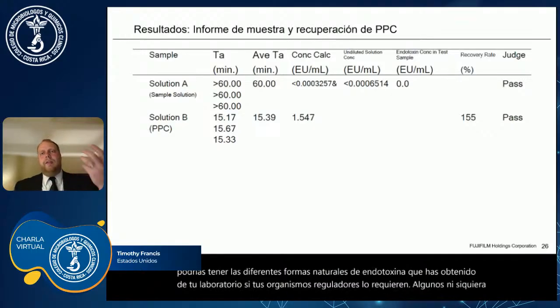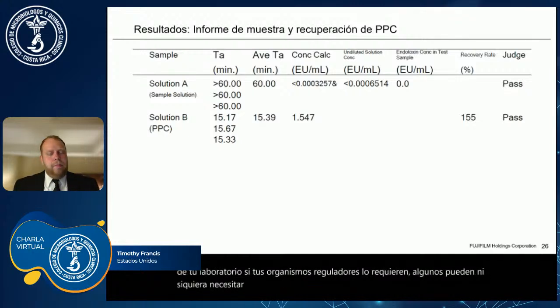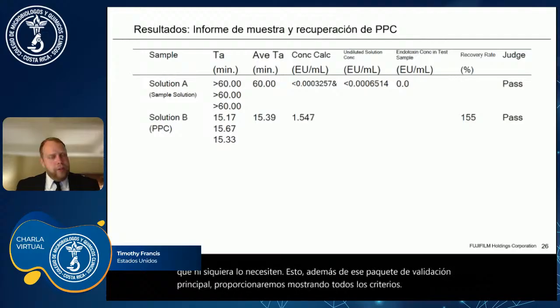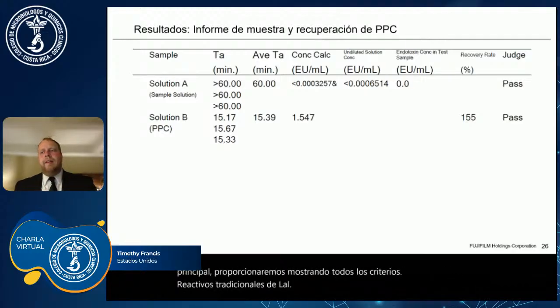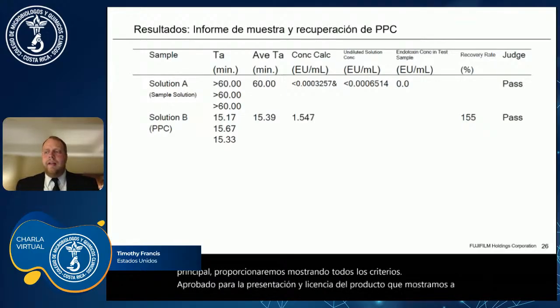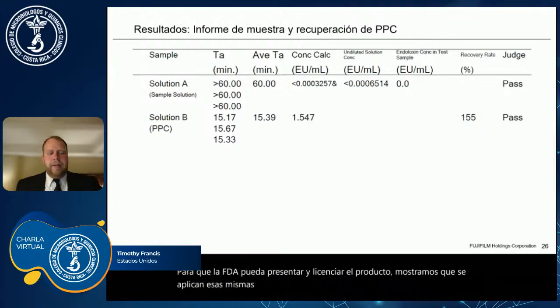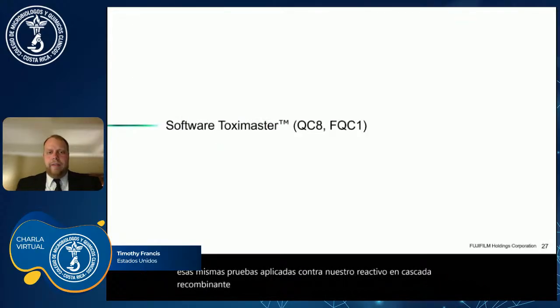This, in addition to that primary validation package that we will provide, showing all criteria that traditional LAL reagents pass in order for the FDA submission and licensing of the product. We show those same tests applied against our recombinant cascade reagent, and they pass as well for that.